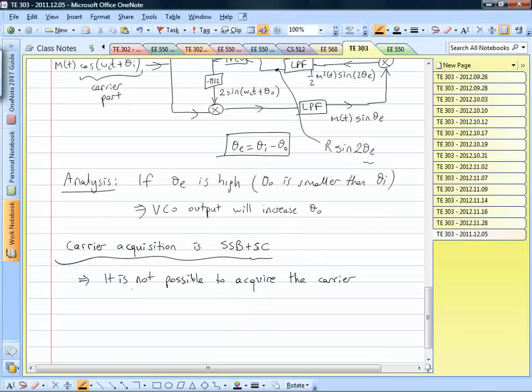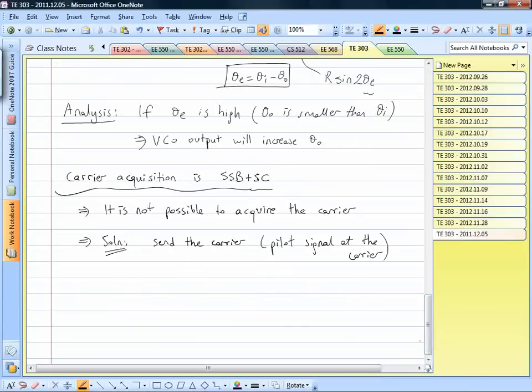So what's the solution then? You can send the carrier. That's one. Maybe a pilot signal at the carrier frequency, which you can use directly into a PLL after a bandpass filter.